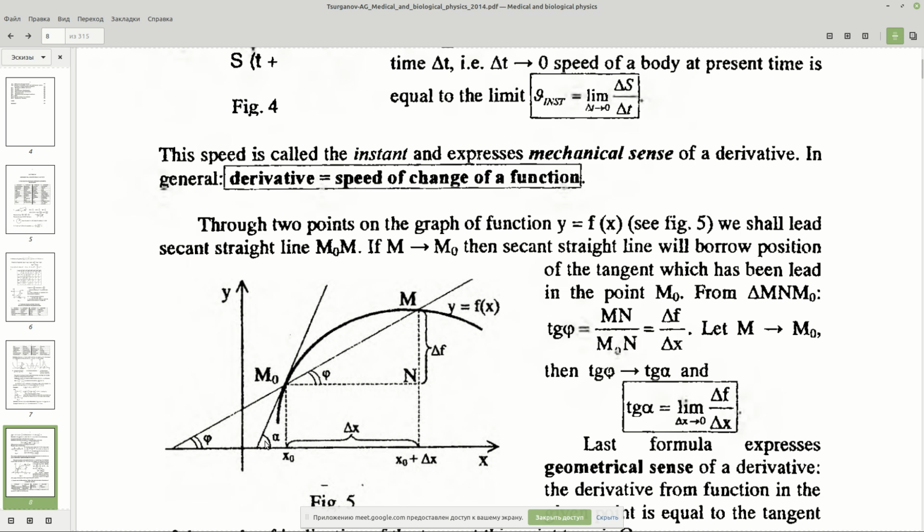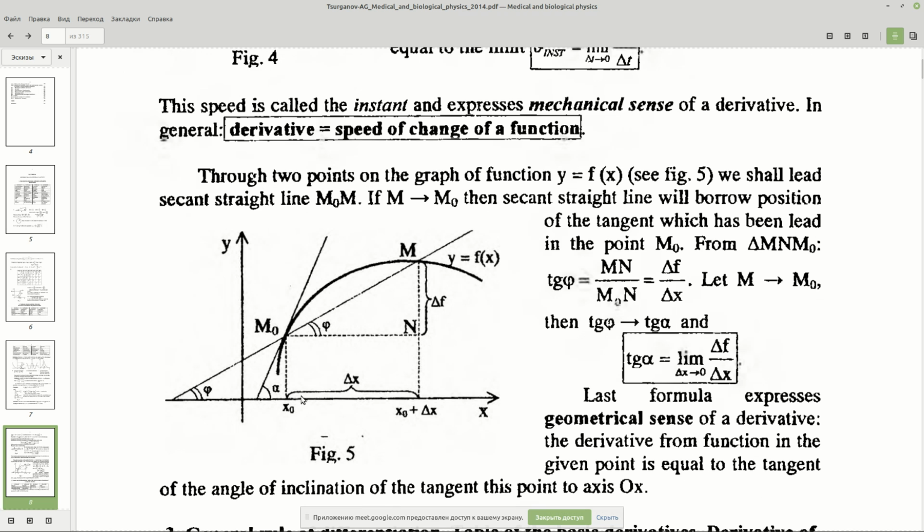In the last formula we need to make this smaller and smaller to make point M coincide with M0. This very tiny slice of the curve is the physical meaning of the result. So the last formula expresses the geometrical sense of the derivative.